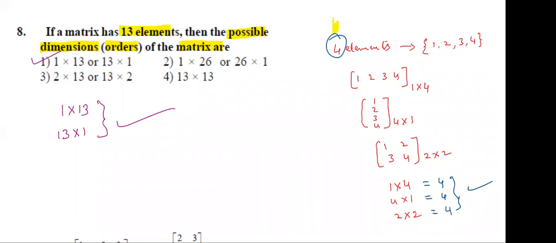If in case you have 10 elements, what are the orders of the matrices? 1 into 10, 2 into 5, 5 into 2, 10 into 1. These are the matrix orders. Are you understood? Right.